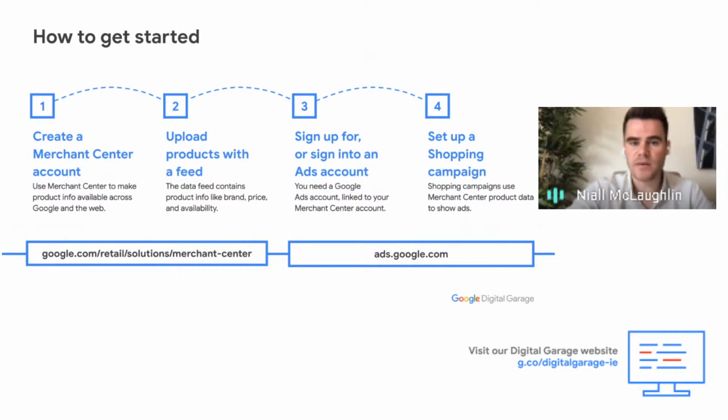So to sell your products on Google, you'll need to upload that information that I just spoke about into the Google Merchant Center, and then you'll have to create a corresponding shopping campaign within your Google Ads account. So this slide illustrates the steps that you need to get started on that front. First, you would create the Merchant Center account.